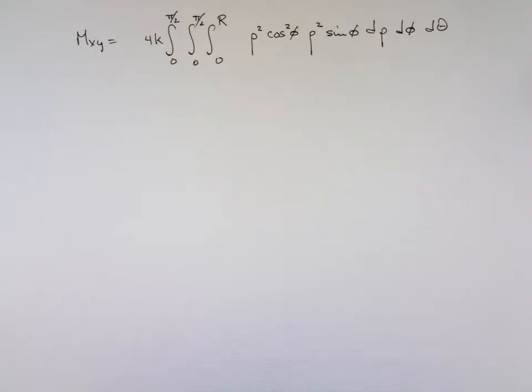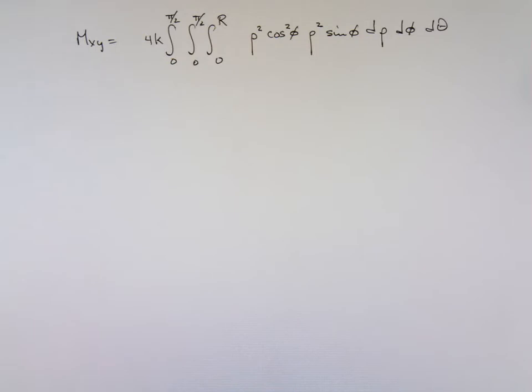No, because the other moments are 0. Since the hemisphere is on both sides of the other axes, we don't even need to do those. The only thing that matters here is the moment generated above the xy plane. If we had the whole sphere, we wouldn't have to do anything, because the center of mass of that object would be 0, 0, 0, as long as our density function is kz, because you got positive and negative balancing off above and below the xy plane.